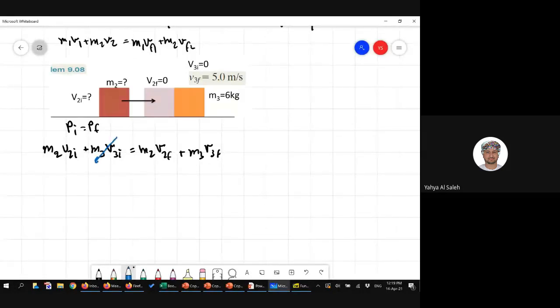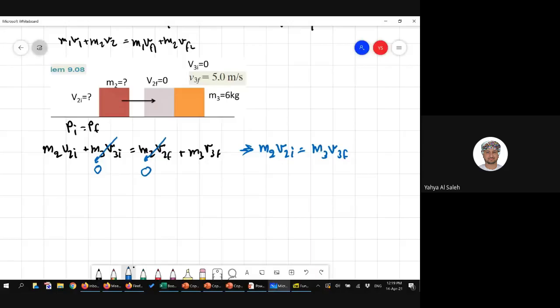What is V2F? 0. So we end up with M2 V2I equals M3 V3F. This M3 is 6, V3F is 5, so this is 30.